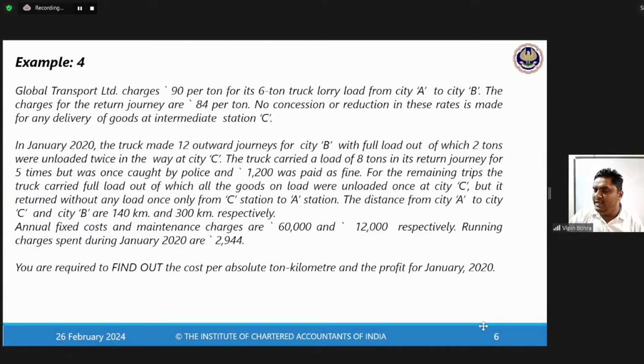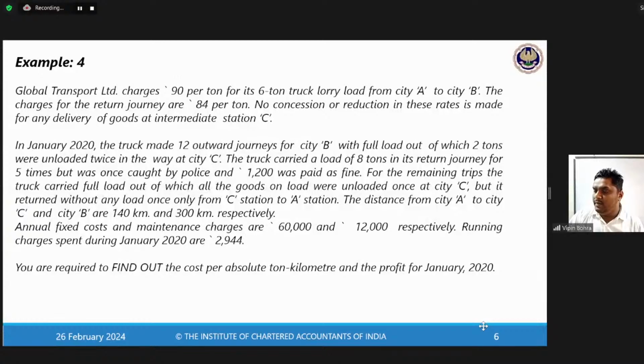For the remaining trips, the truck carried full load, out of which all goods were unloaded once at city C. But it returned without any load once only, from city C to A.